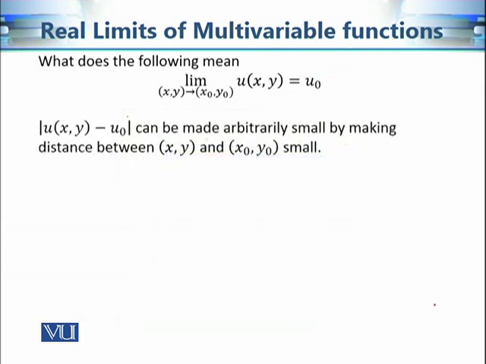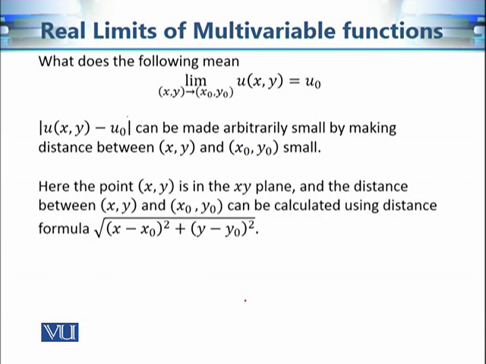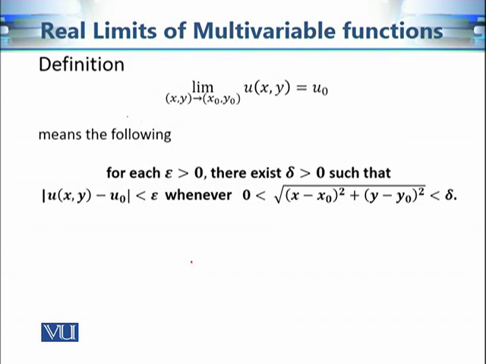More precisely, this distance u of xy minus u0 can be made arbitrarily small by making the distance between xy and x0, y0 small. And we can say that this distance is getting smaller and smaller when this distance is getting smaller and smaller.